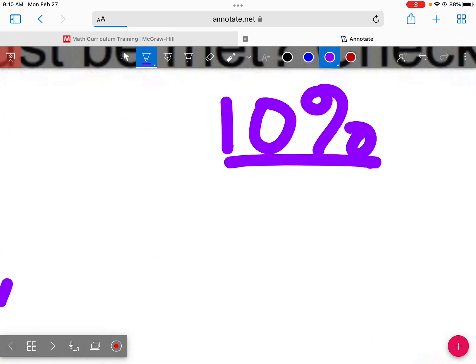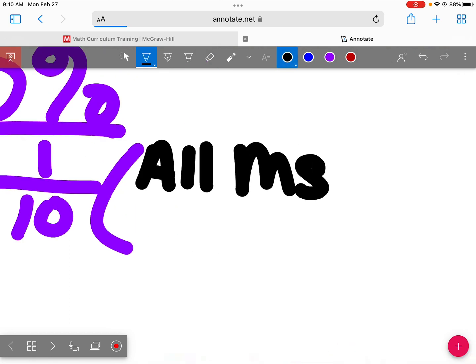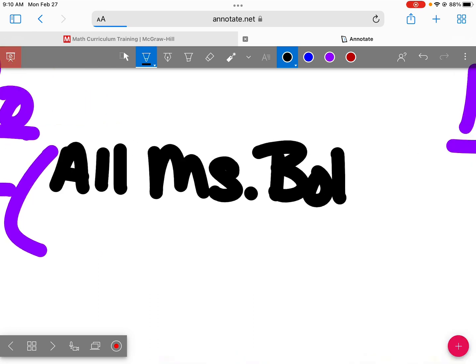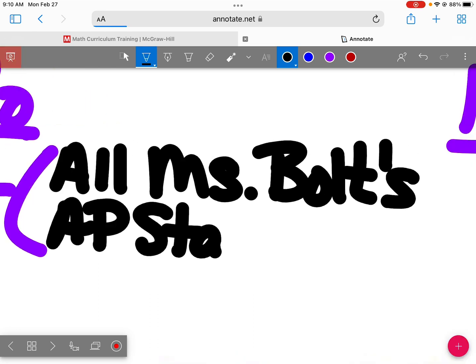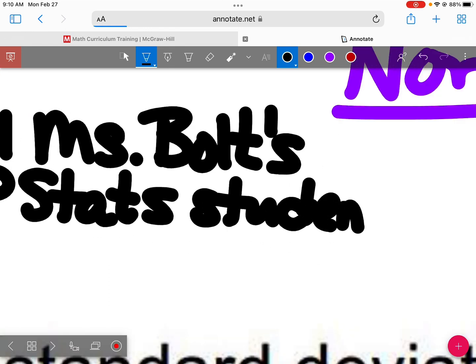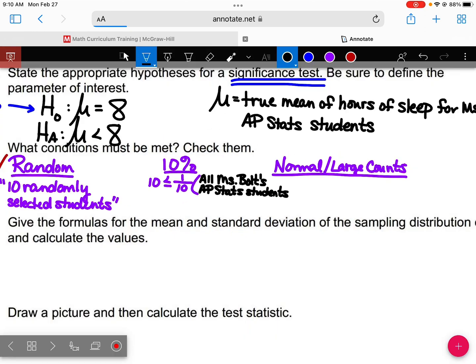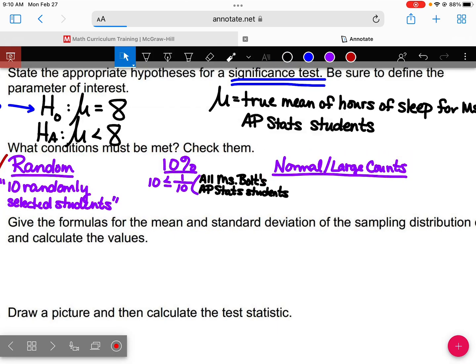10% condition. We need 10 is less than or equal to 1/10 of all my AP Stat students. Do we meet that condition? No. Does that mean we just stop?